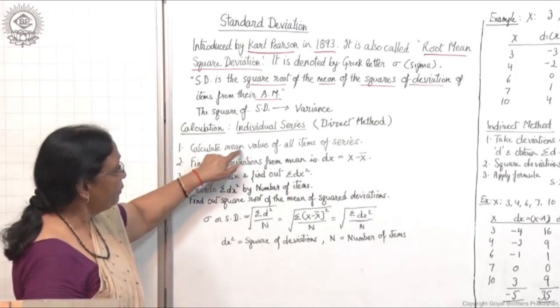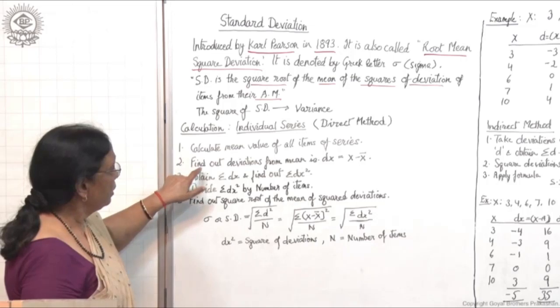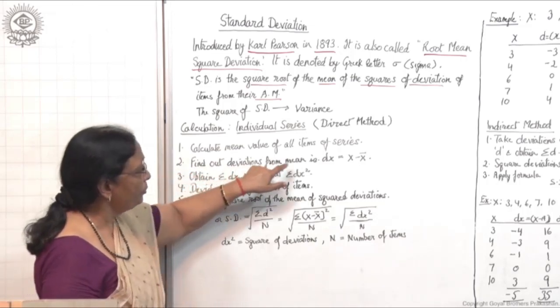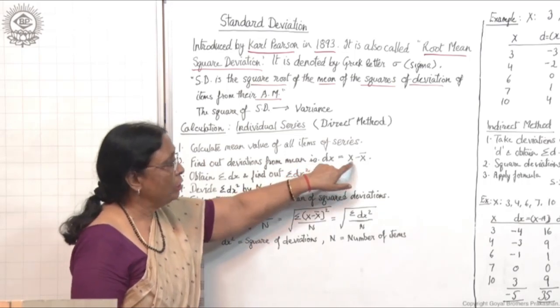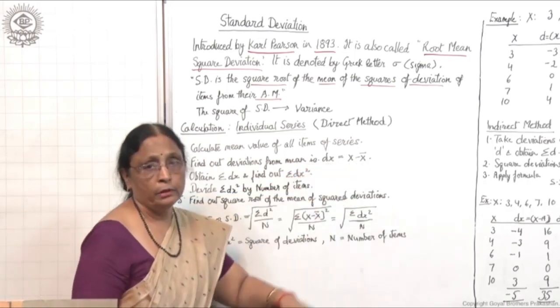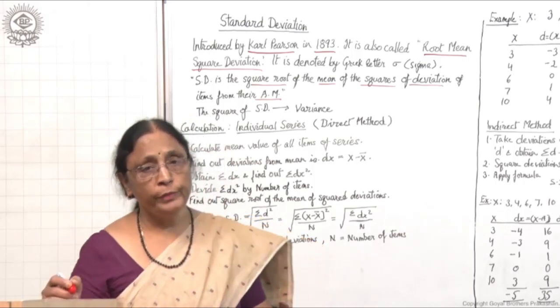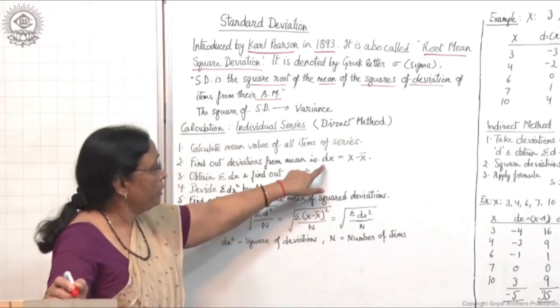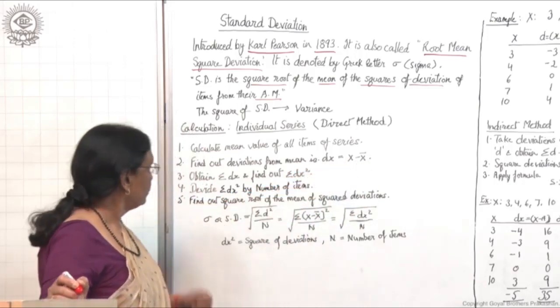Second, find out deviations from mean, that is dx is equal to x minus x bar. So here deviations are always taken from actual mean. It is labeled as dx, which is x minus x bar.